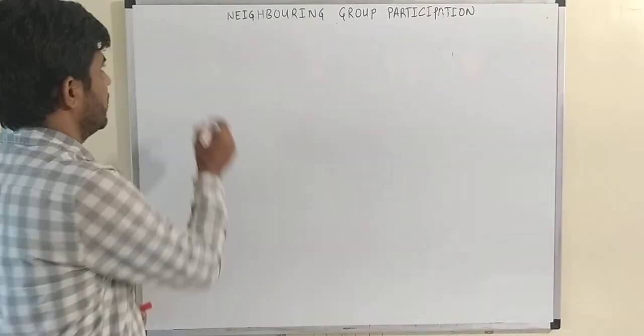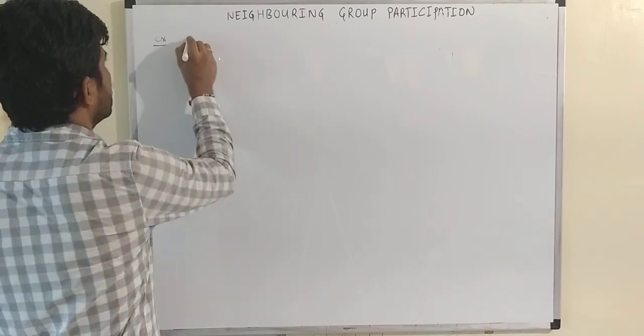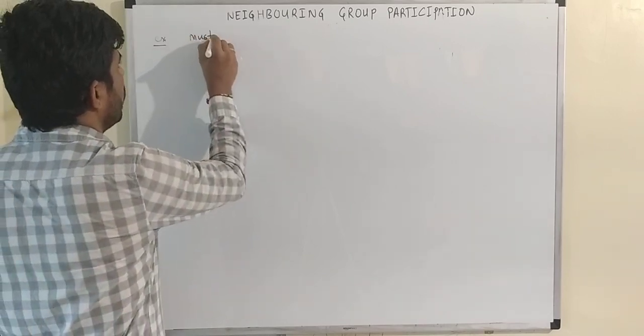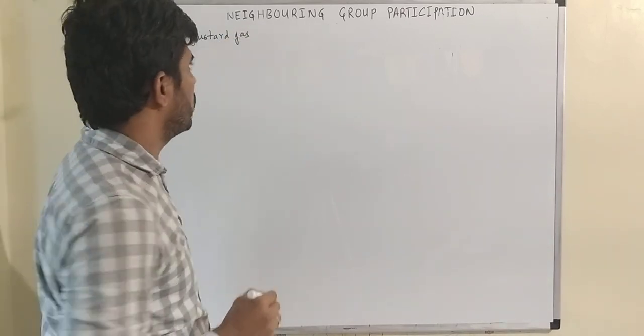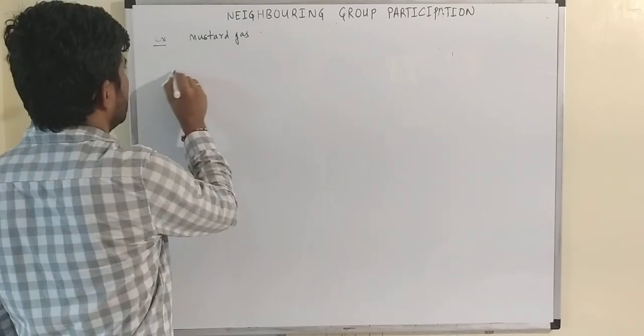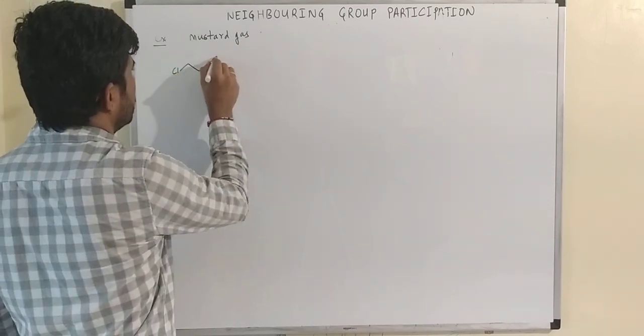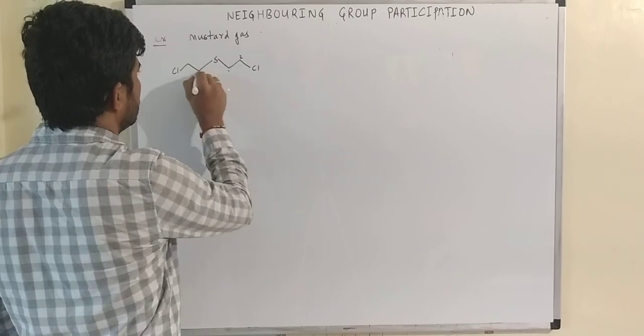Let us consider an example. So the example is mustard gas. Everyone knows about mustard gas, which was used in the Second World War. Mustard gas is nothing but sulfur with chlorine, this is 1, 2, this is 1, 2.